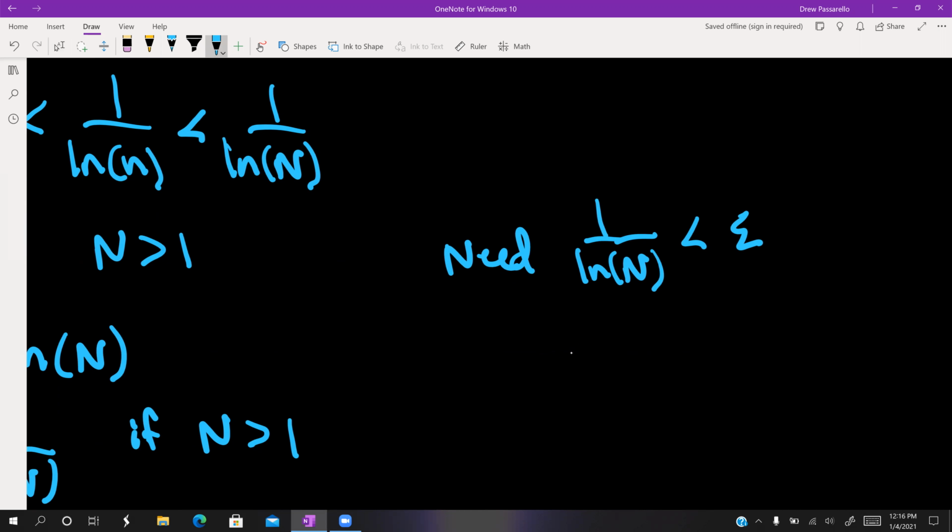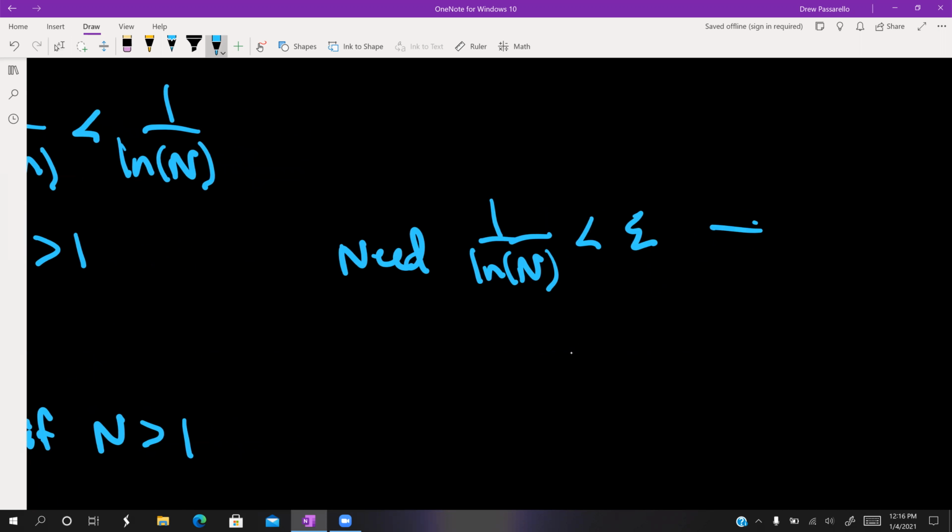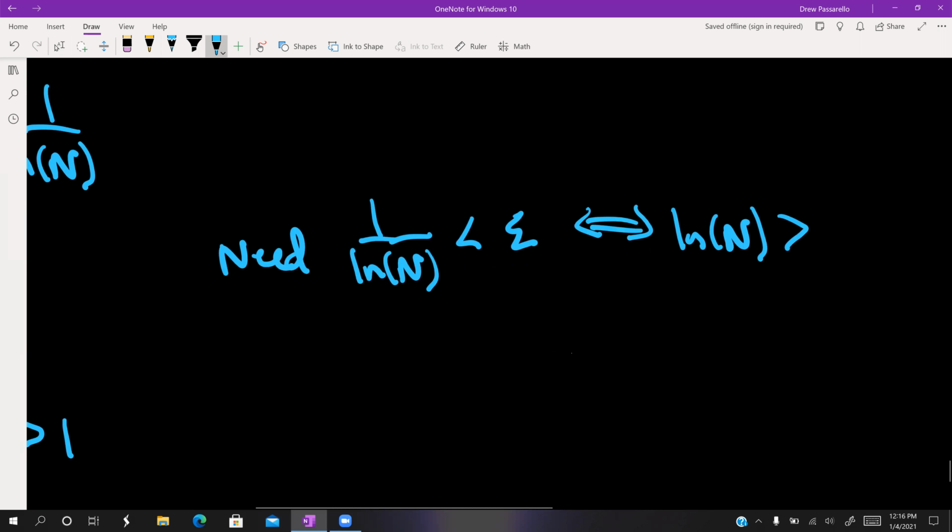So this is if and only if the natural log of capital N is greater than 1 over epsilon. Just taking the reciprocal of both sides, that's natural log of capital N, and then the reciprocal of epsilon, 1 over epsilon, and it flips the inequality.